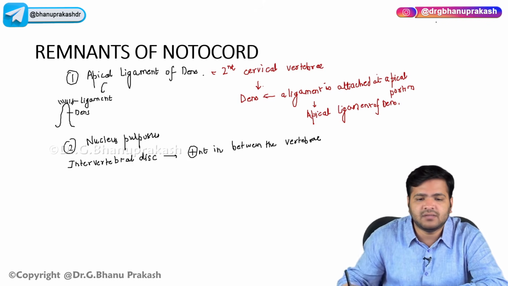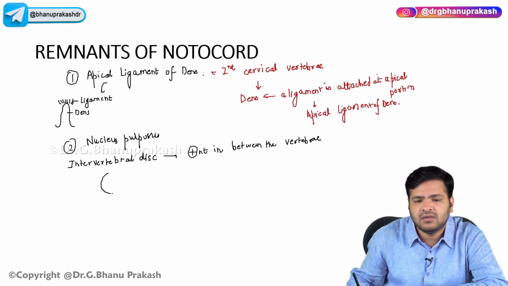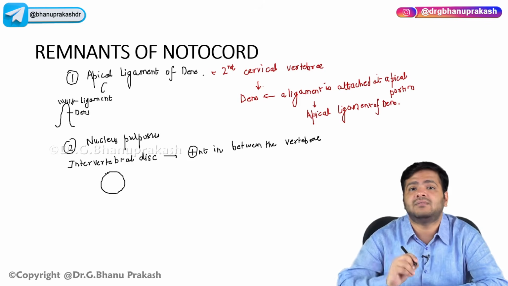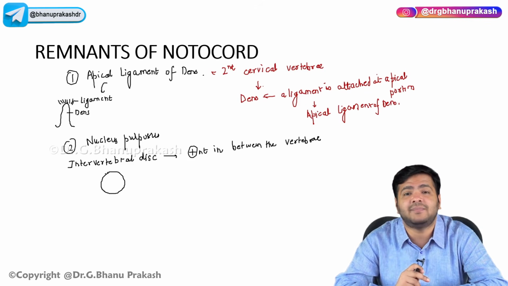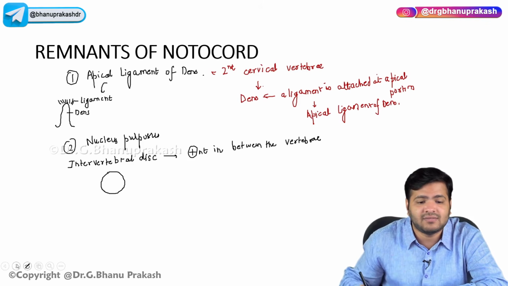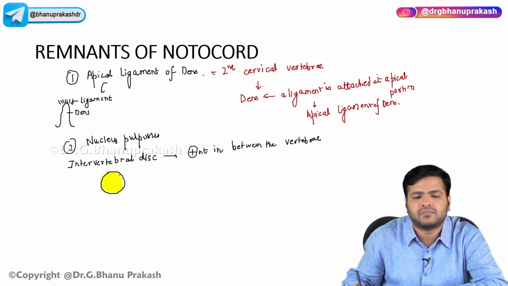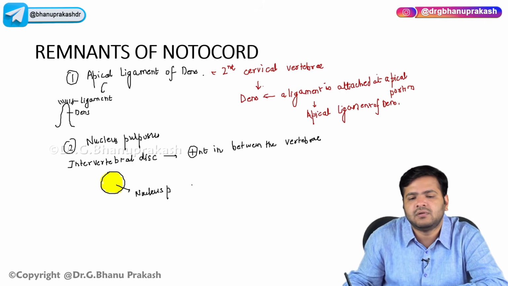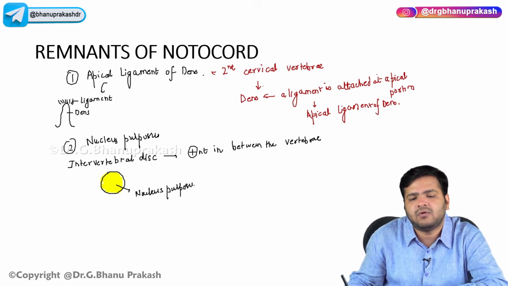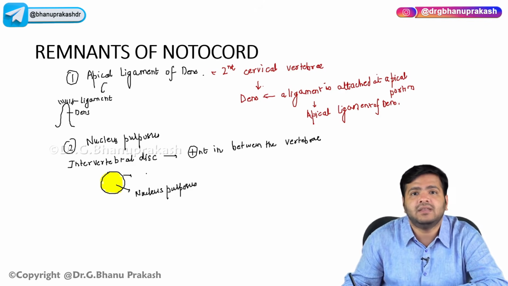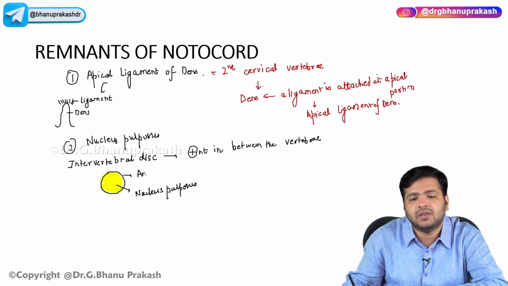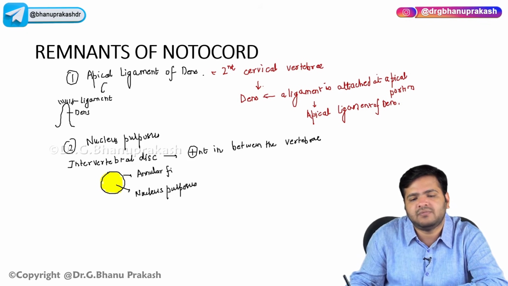Now the structure of this intervertebral disc contains a gelatinous substance in the middle, and that gelatinous part is called the nucleus pulposus, right? It is the central part, the one which I am highlighting over here. It is surrounded on the periphery by a ligament, called the annular fibrous membrane.